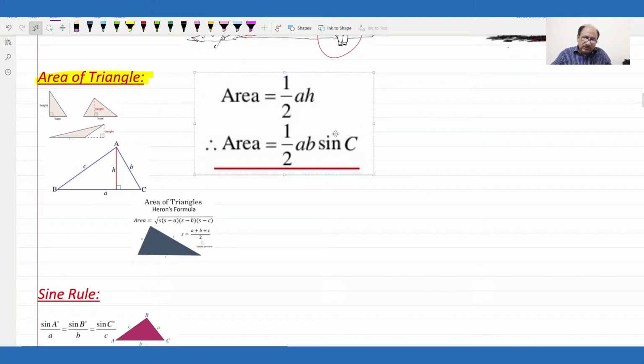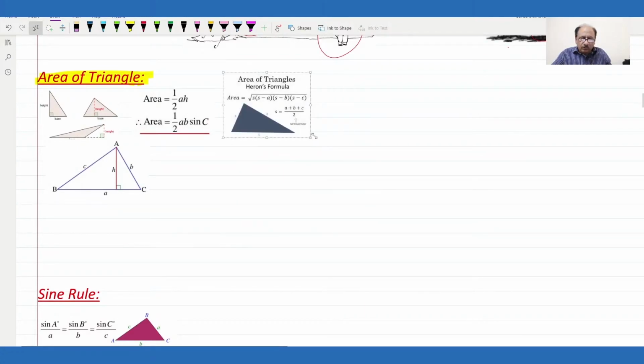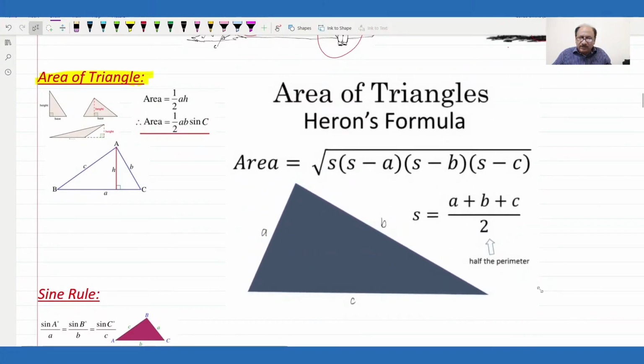Now in some syllabuses there is another area formula which you will have to keep in mind. This is the formula we use for the area of a triangle if only three sides are provided, no perpendicular height is given and no angle is provided. In that case this is known as Heron's formula for the area of a triangle.